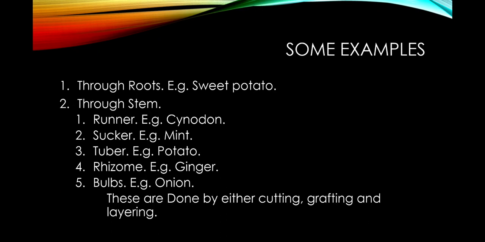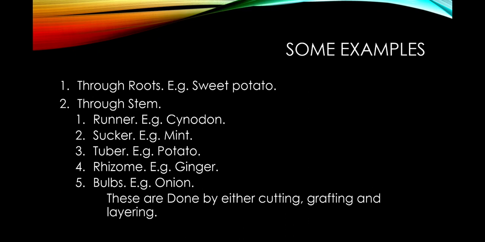Now, some examples of this: through roots, as in the case of sweet potato, new sweet potatoes can be generated from a big one; through stem, as in the case of runner like Cynodon, that is elephant grass. Then suckers like mint; the tuber, as in the case of potato.